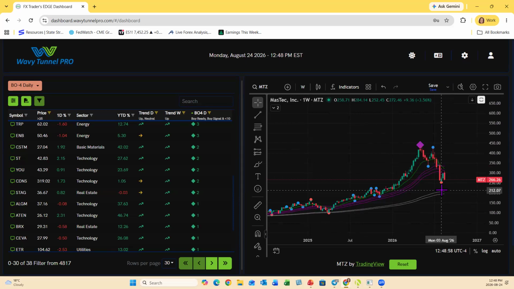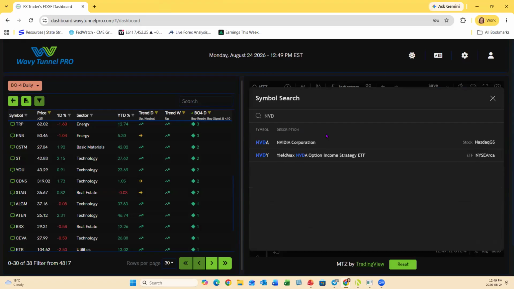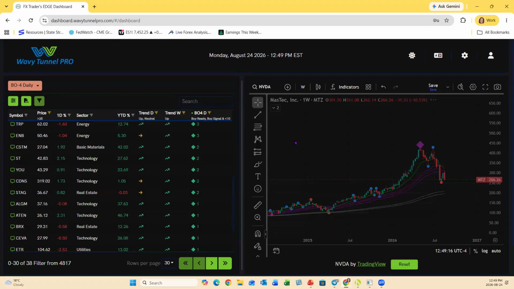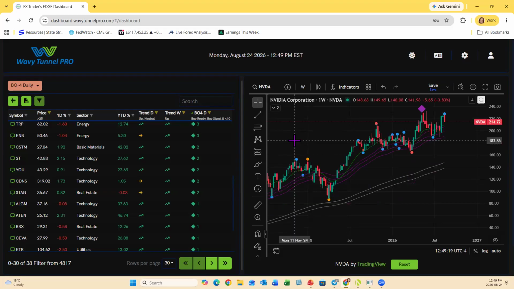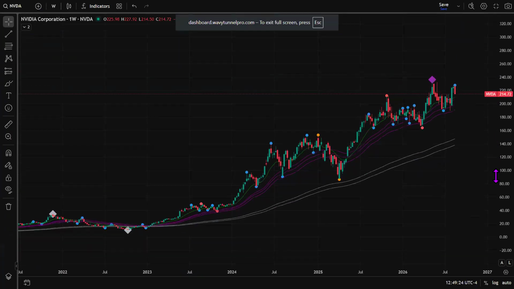Okay, now let's look at some of the earnings coming out. Let's start with NVIDIA. By the way, you can just click on the chart and start typing, and you'll be able to call up a symbol. All right, NVIDIA, let's start with the weekly, and let's just analyze it together.